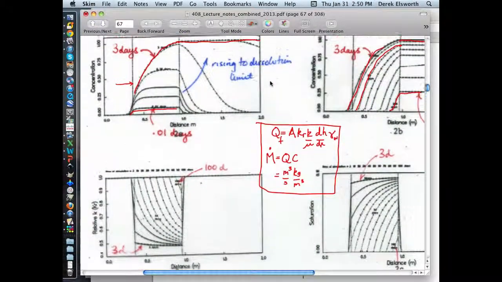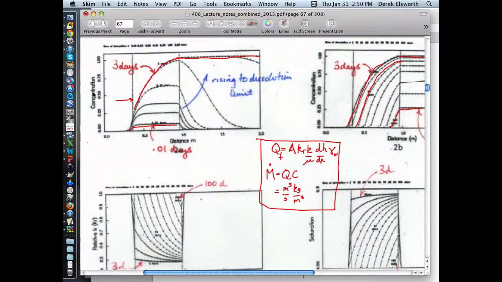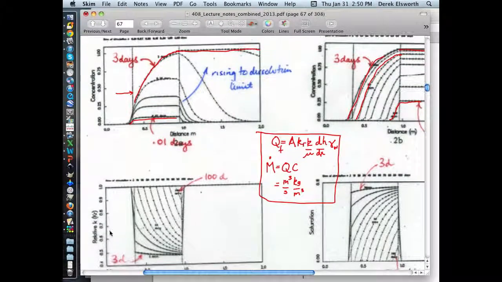What else will happen as you do this? So this is concentration versus downstream length. This is relative permeability versus downstream length. So where there's nothing there, the relative permeability to water is going to be 100%, 1.0. When there's no free product downstream, it's going to be 100%, which is 1.0.